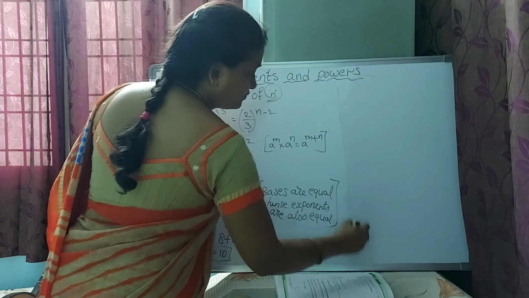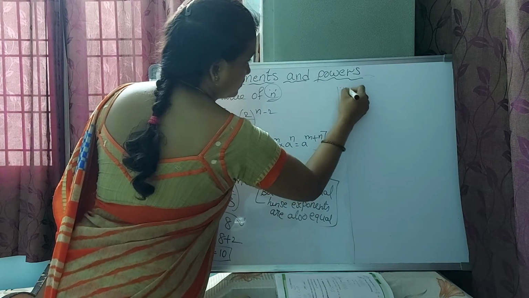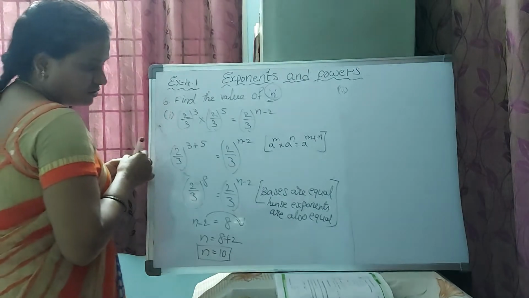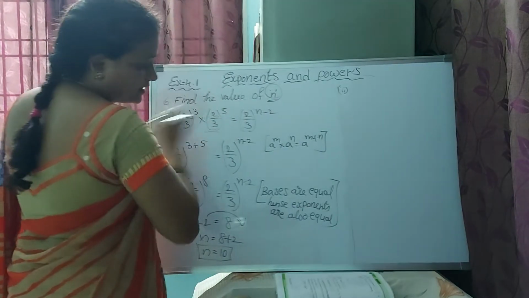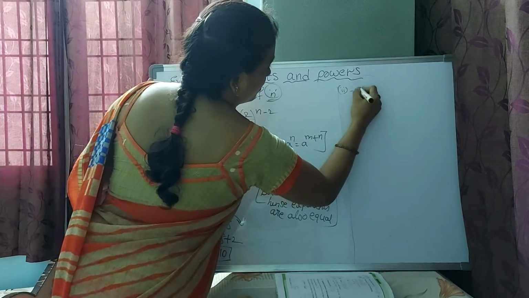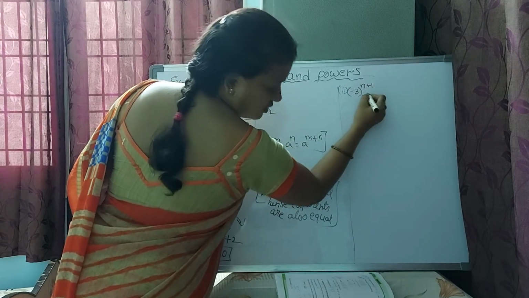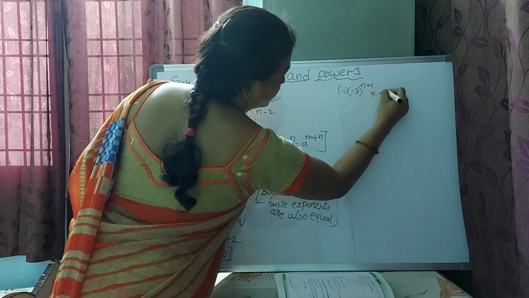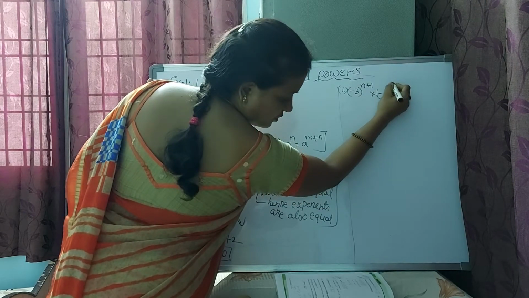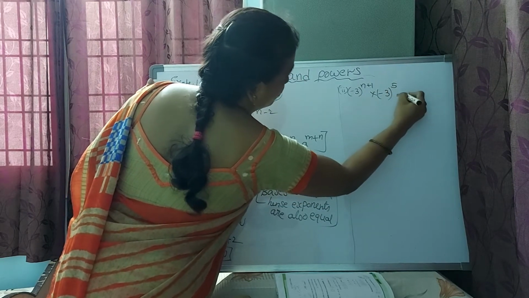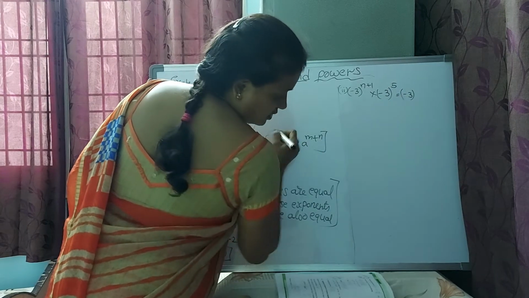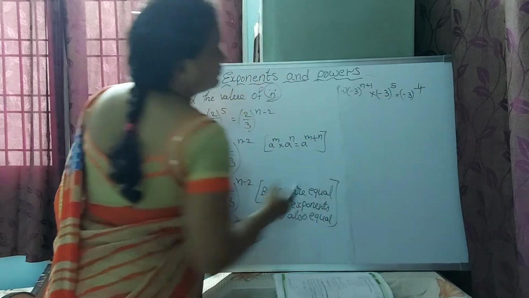See the second one. (−3)^(n+1) × (−3)^5 = (−3)^(−4).